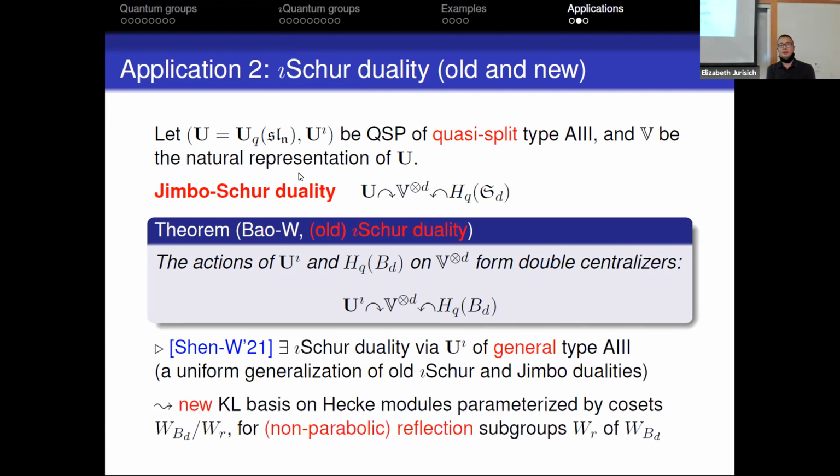And what's useful about this new general iquantum duality is that it leads to a new Hecke module of type B Hecke module, parameterized by cosets associated to a reflection subgroup, which is not necessarily parabolic. And this to me is rather astonishing. And this, I think, is new. So most of the considerations were parabolic subgroups.